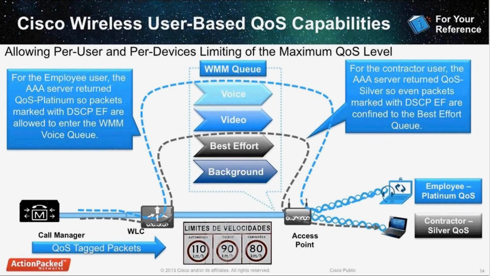And the way this translates is, let's say both of them are trying to access a call manager. Now, the call manager would tag the packets with, let's say, DSCP 46. In this scenario, if you have a platinum QoS or a voice QoS for employee, that marks the ceiling for the highest QoS level that is possible for that packet. So let's say an employee is trying to place a call using the call manager, and he has a platinum QoS.